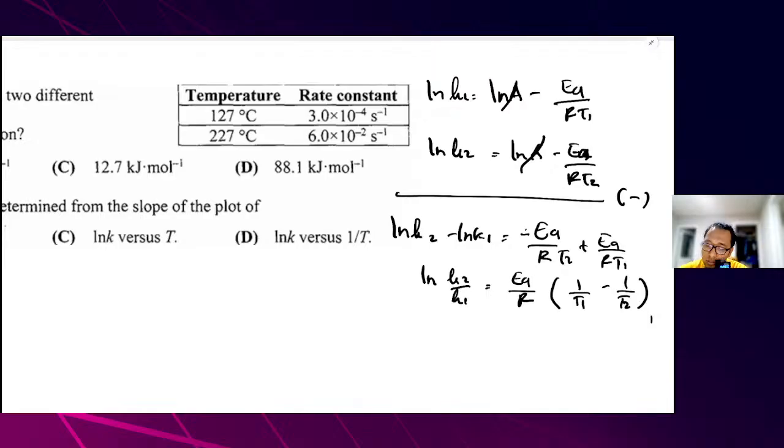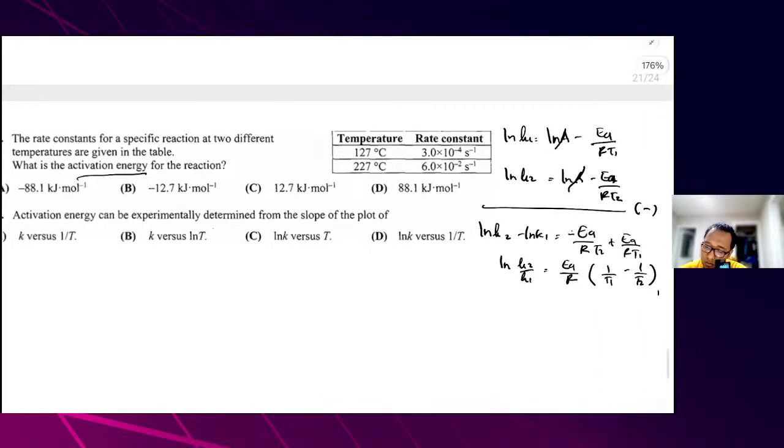Okay, that's great. So we can get this formula. So now just put in one by one.